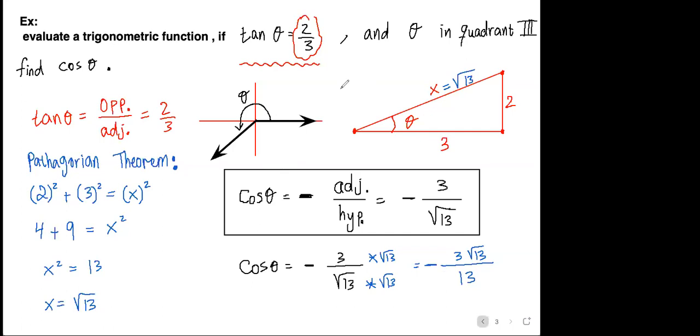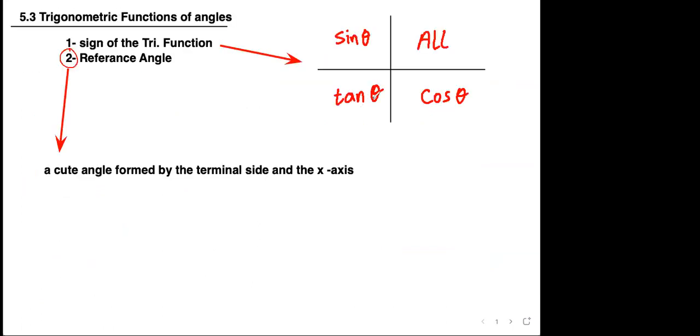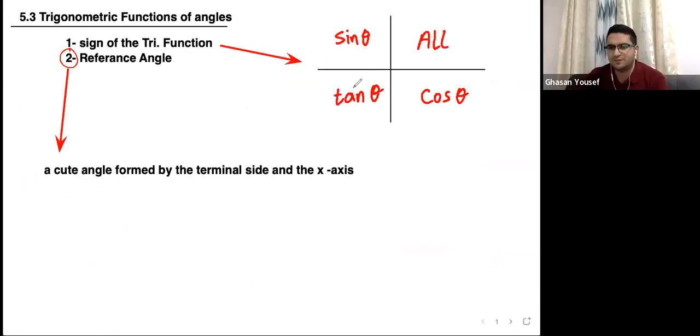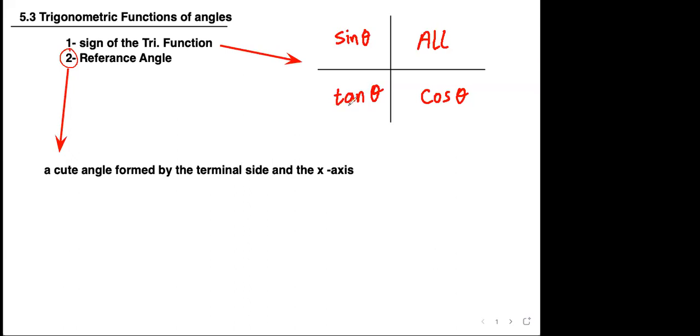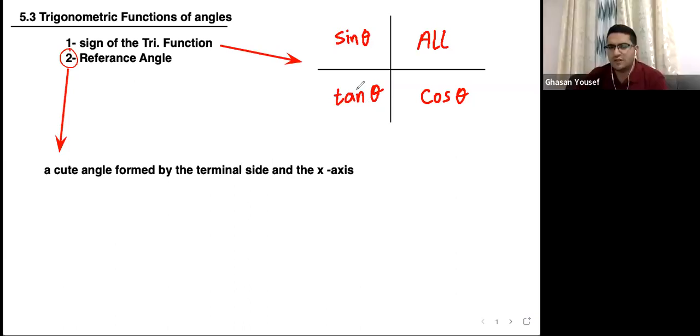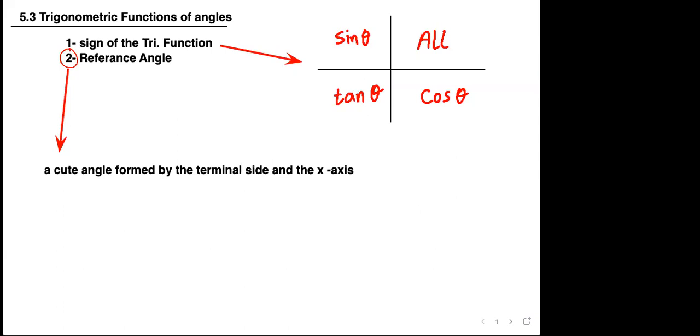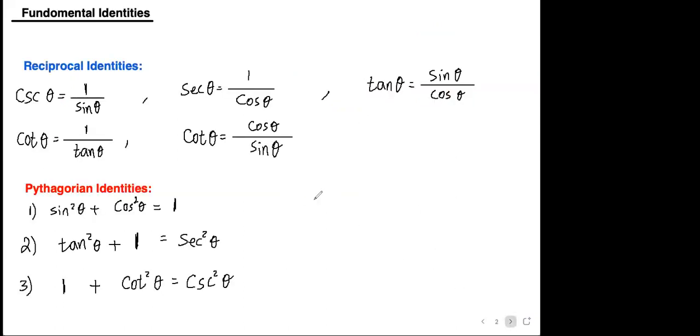As we see here, the only function that is positive is the tan, and also the reciprocal of tan, which is cotan. The cosine is negative here, and the sine will be negative. The tan and the cotan are the only two functions that are positive. That's why we put the negative here for the cosine.